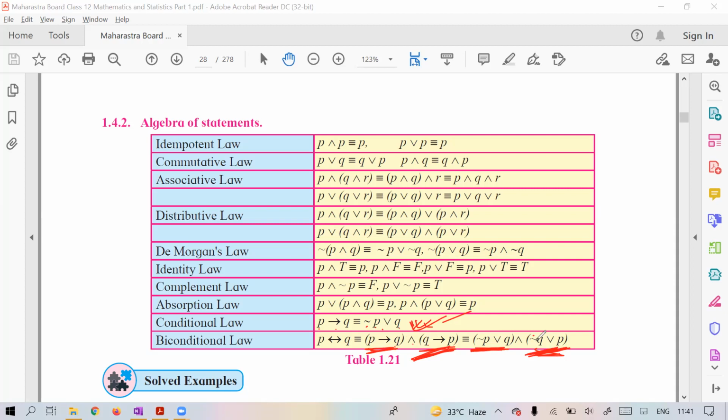So any formula you want me to prove, we can prove using truth table. I will make the truth table, and for the statements you want to show equivalent, you will see that both have the same truth value. So do you have any doubt in this table? Anything you want to ask?